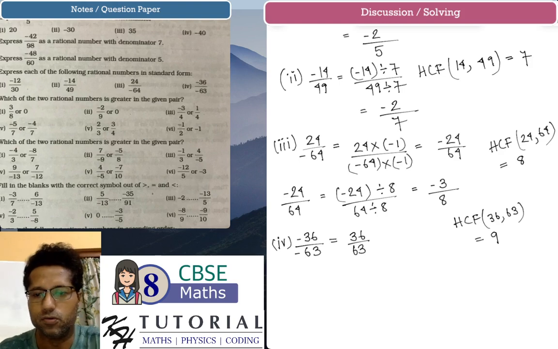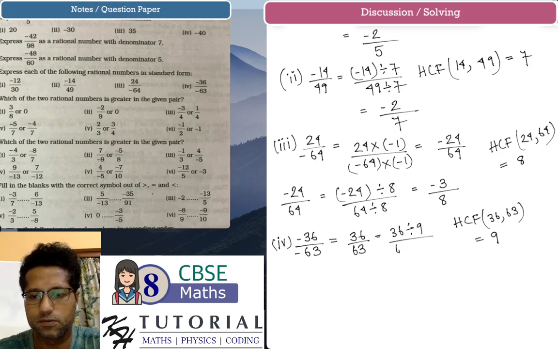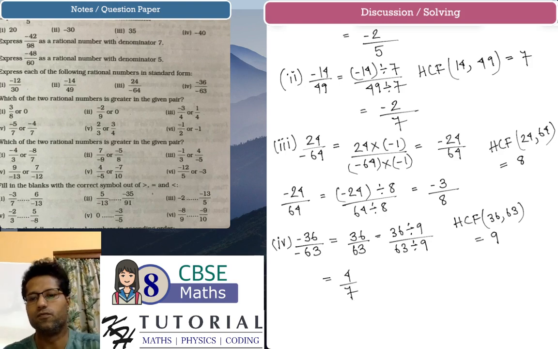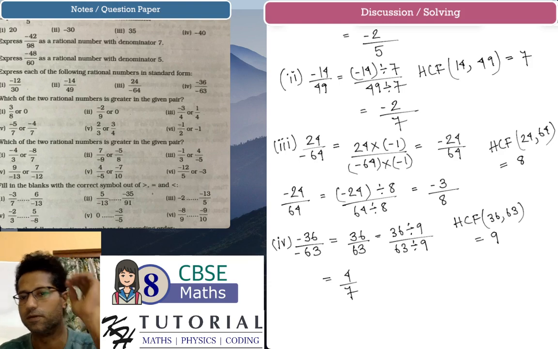So we have to divide both the numerator and the denominator by 9. 36 divided by 9 over 63 divided by 9 is equal to 4 by 7. So 4 by 7 is the rational number in standard form of the given rational number minus 36 by minus 63.